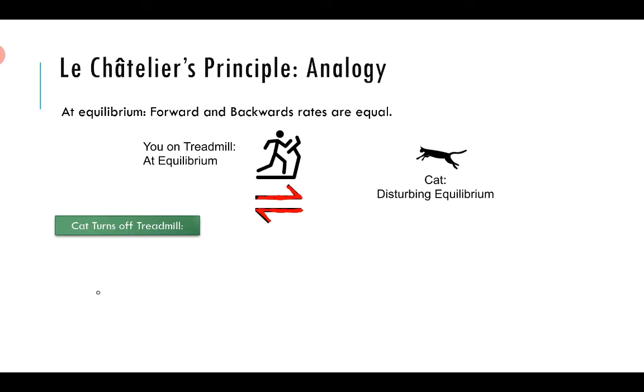Well, let's draw our arrows again. So here's my forwards reaction. I'm running this way, but the treadmill turns off. And so I have killed my backwards reaction.